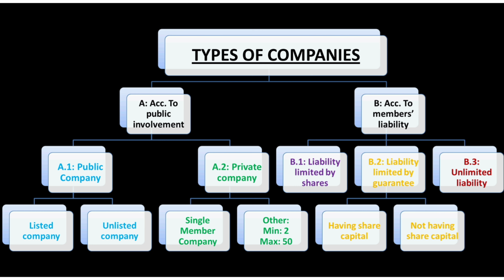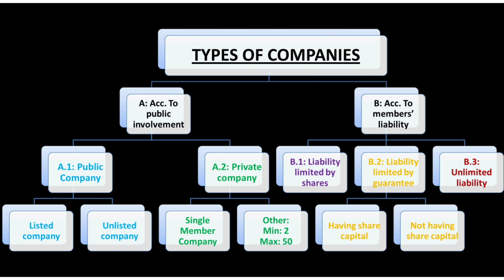So first of all, in this chart, you can see that the types of companies can first and foremost be divided into two main types, that is type A, which is dividing companies on the basis of the level of public involvement in that company, that is by virtue of public involvement.